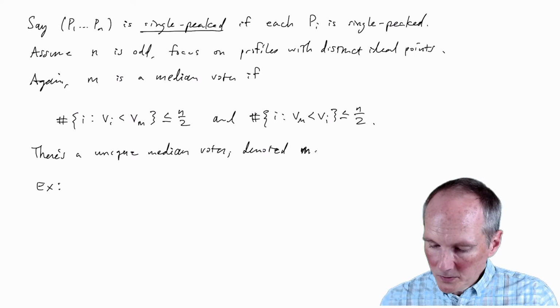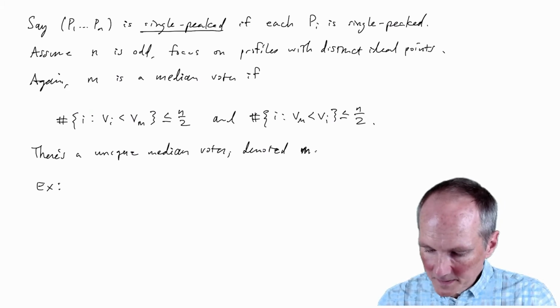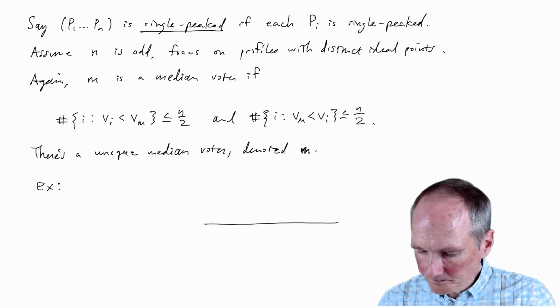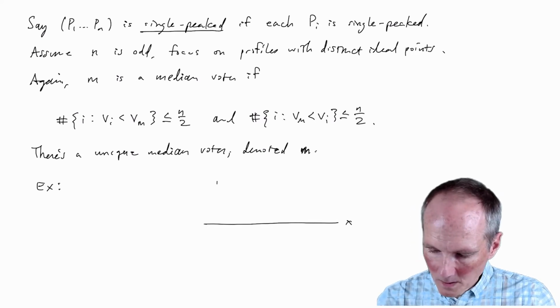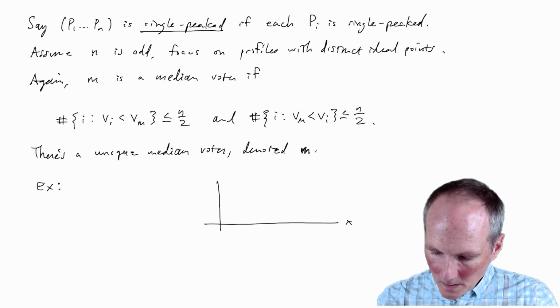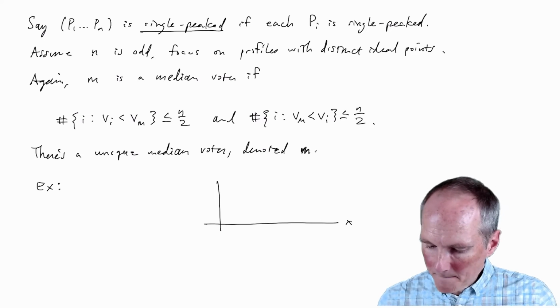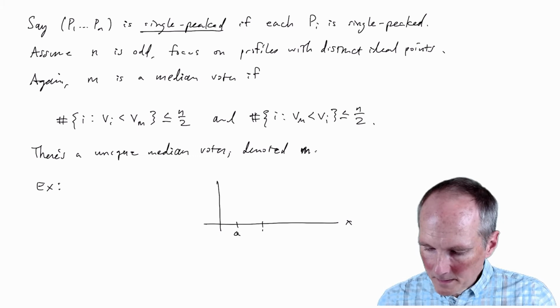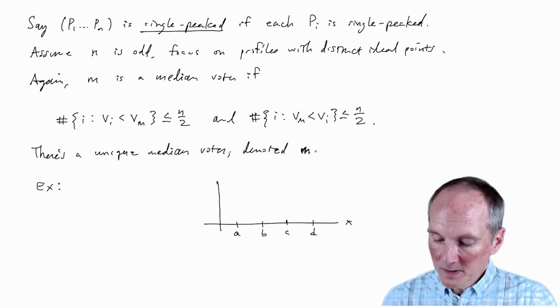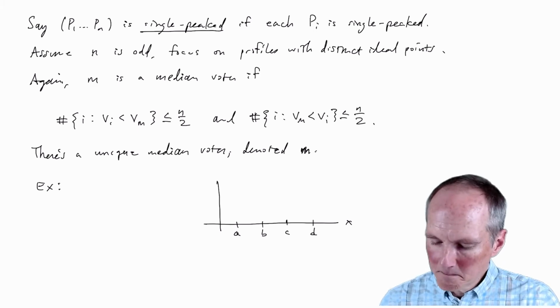I'm going to take, how do I fit this in? Let's do, let's take 4 alternatives, A, B, C, and D. And they're on the line, right? So we're in the one-dimensional model.